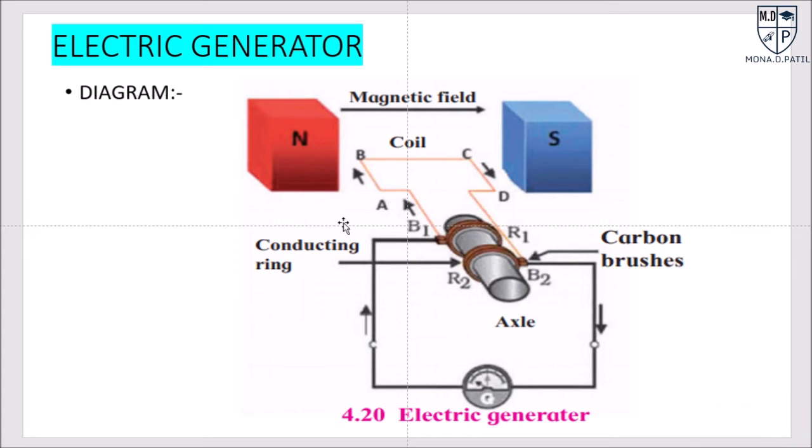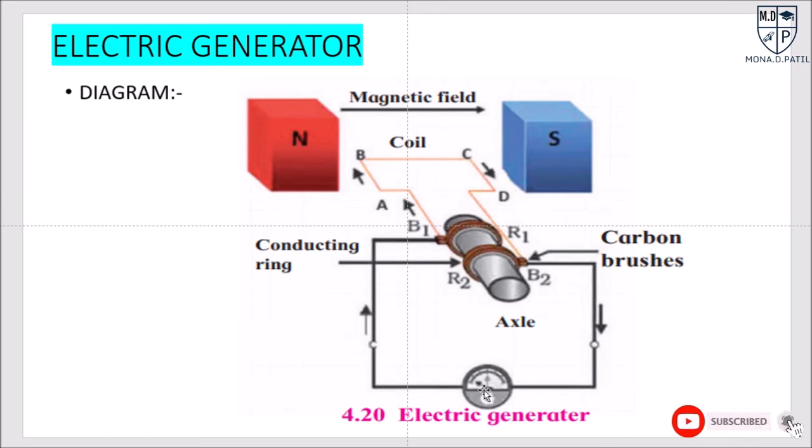According to Fleming's right-hand rule, electric current is produced in the branches AB and CD in the direction A to B and C to D, like A, B, C, D. In the external circuit, the current flows from B2 to B1 through the galvanometer. This is the galvanometer.